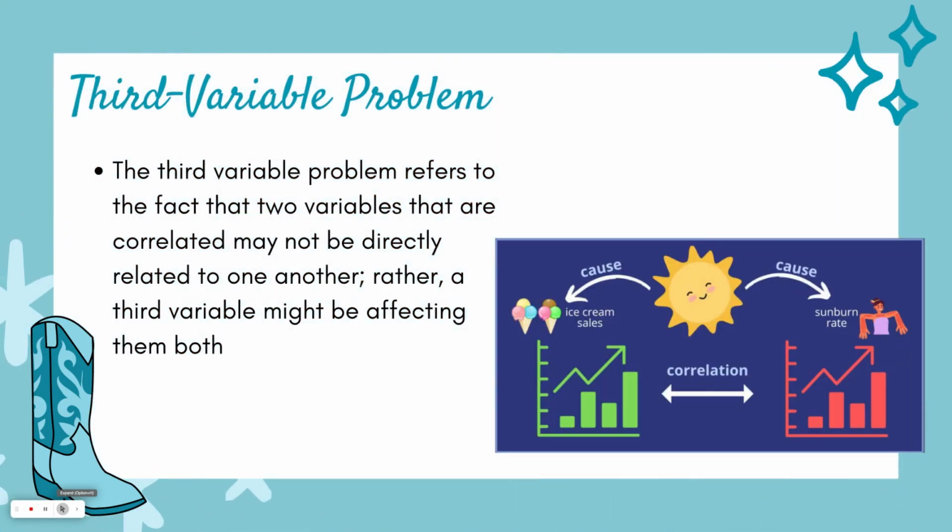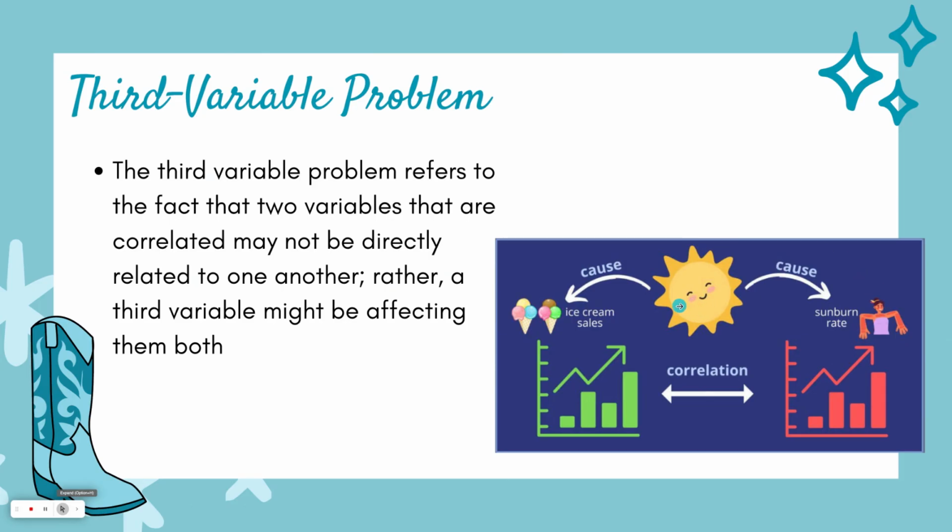One of the things that we need to be aware of is called the third variable problem. So, the third variable problem refers to the fact that two variables that are correlated, such as we see in this image here, ice cream sales and sunburn rates, there's a correlation between them, okay? But may not be directly related to one another. In fact, they might be related both to a third variable, that it's summertime.